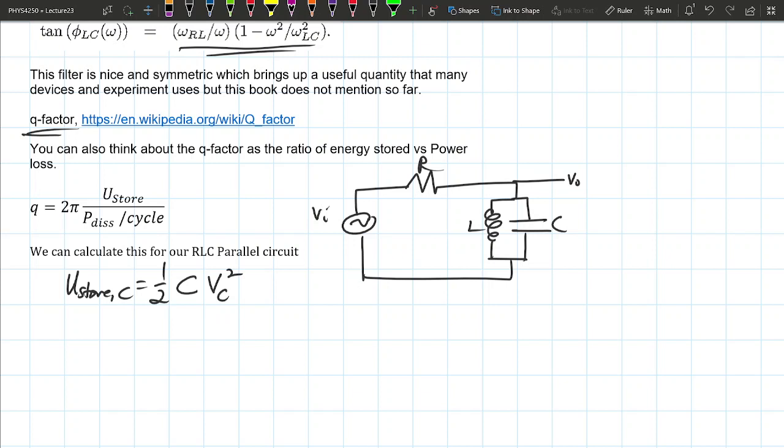It's always going to be like 1/2 something squared, just like kinetic energy. The amount of energy stored in an inductor, and you want to write this down for sure because you're going to need this for your homework, or you can just look it up in your general physics textbook, is 1/2 L times the current going through that inductor squared.